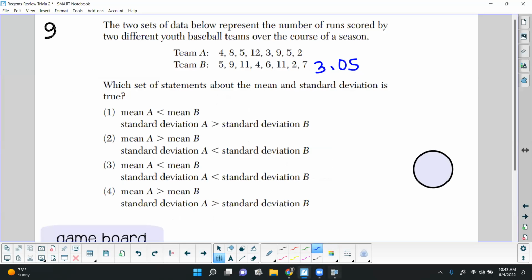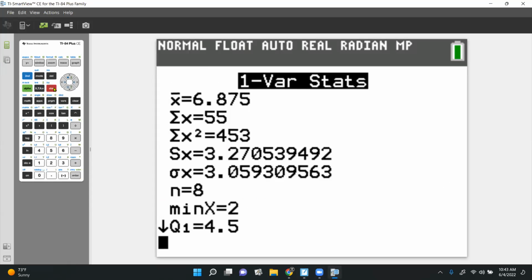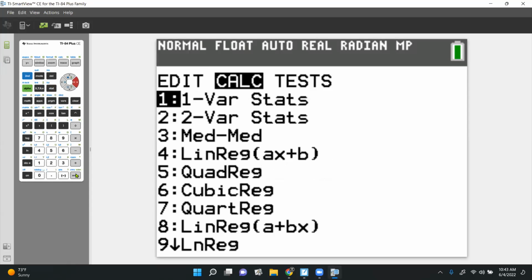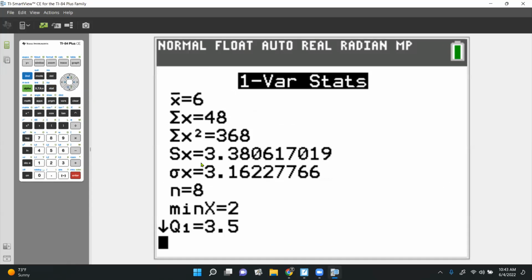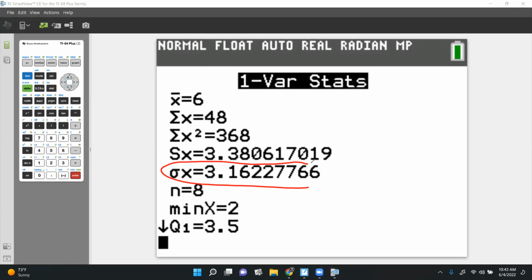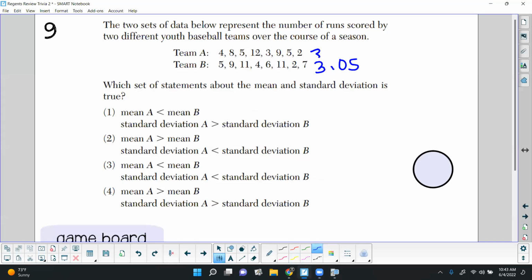Now I've got to go back into my stat, calc, and I've got to change this back to L1 so I can do my standard deviation from L1, which for us is 3.16. You see it right here? So team A has a larger spread, a larger spread of data.